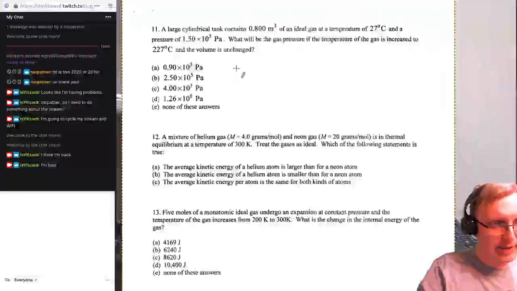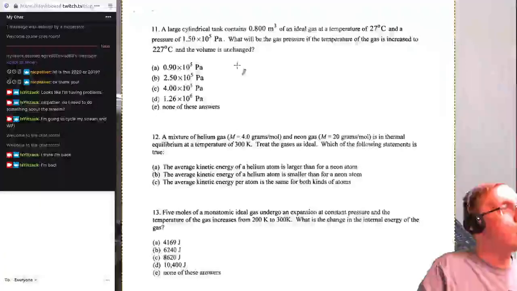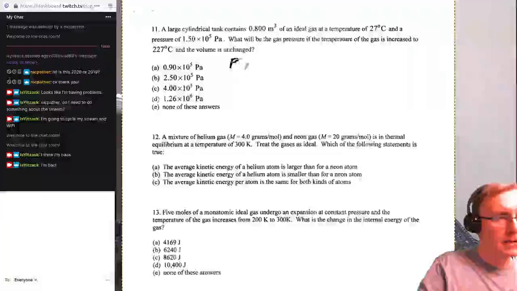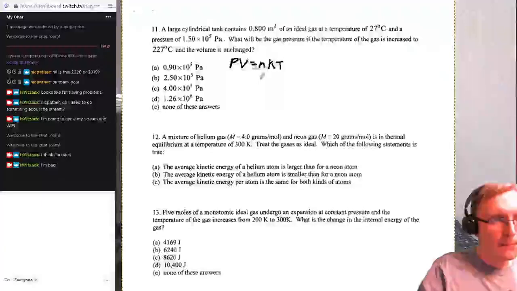This appears to be an ideal gas law problem to me, right? PV is equal to NkT. N will be unchanged. V is unchanged. P will change, but with temperature. So we need to get P and temperature together.